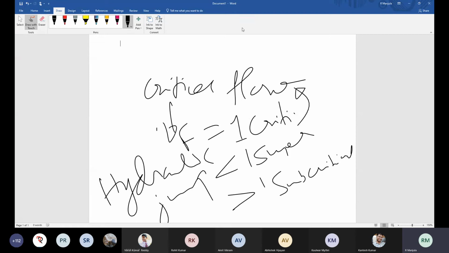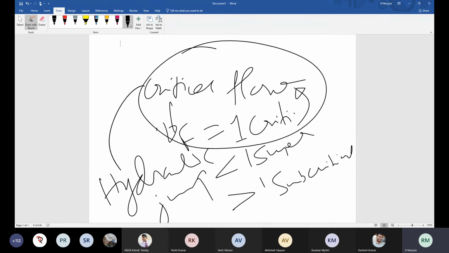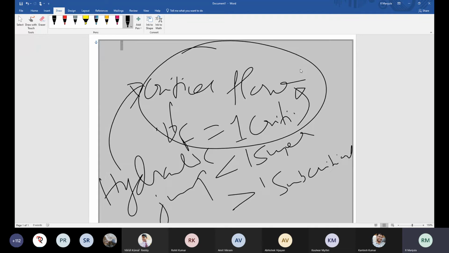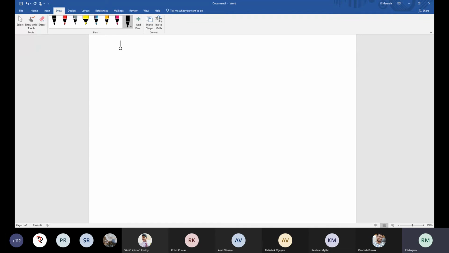Before the jump, what is the type of flow? After the jump, what is the type of flow? During hydraulic jump, the flow is critical. Critical flow occurs only during the hydraulic jump. So I was talking about, suppose this is going to be your structure.